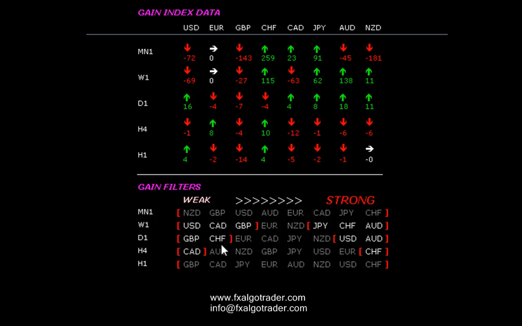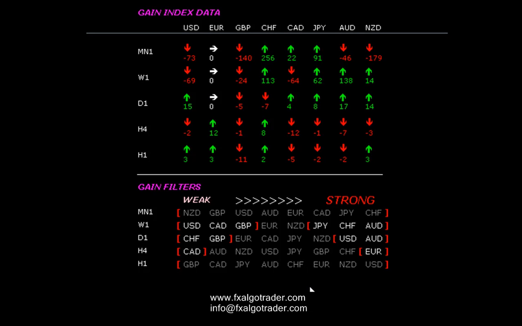So, summary: gain index data across all the different time frames for the 8 currencies, I should say, not pairs, currencies. We're looking at indexes again, so it's important to stress that. The system dynamically calculates LFX based currency index data on the fly, broker independent, ranks the data by time frame in strength to weakness order, and allows the trader to define custom filters for filtering the actual data based upon their trading preferences, i.e. trading time frames.